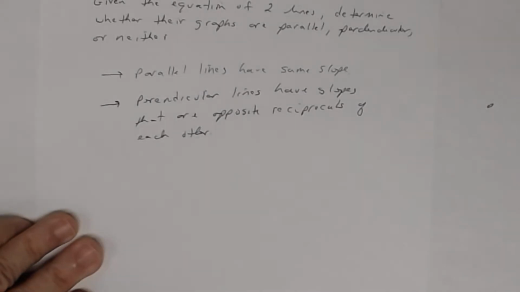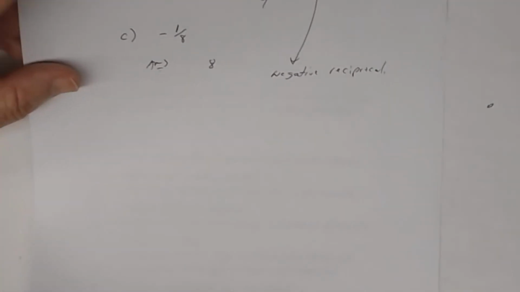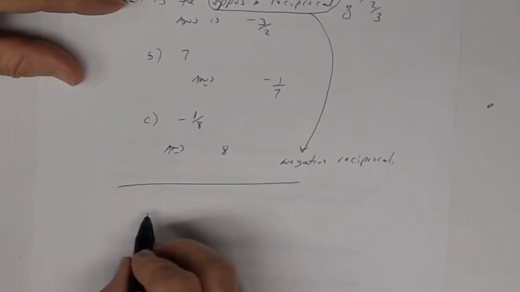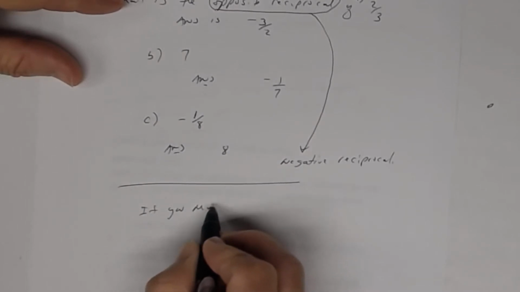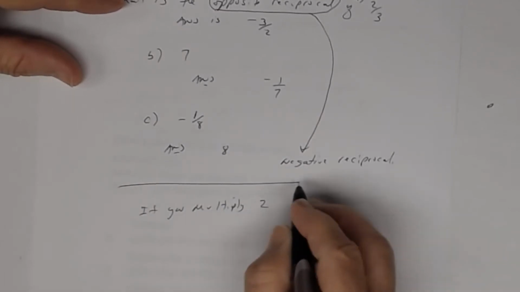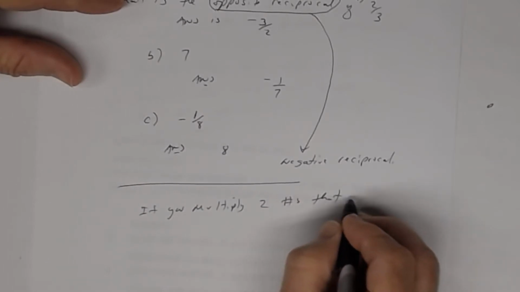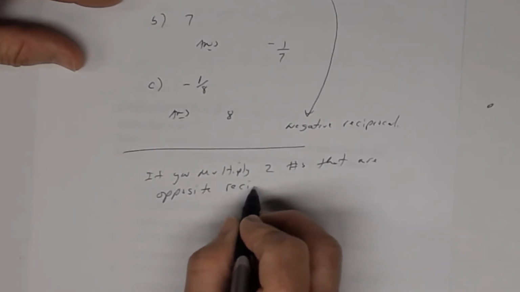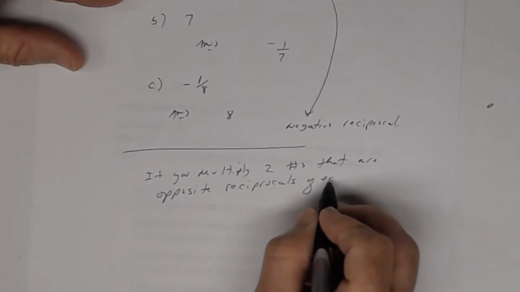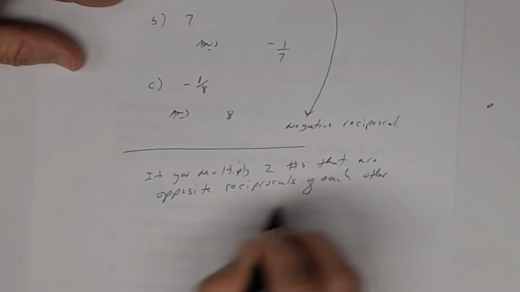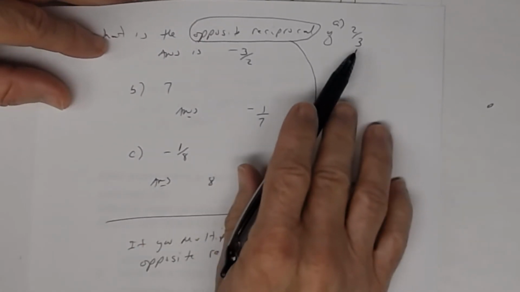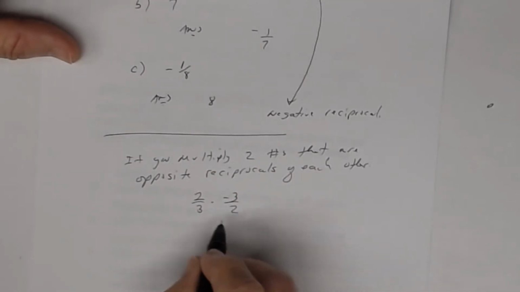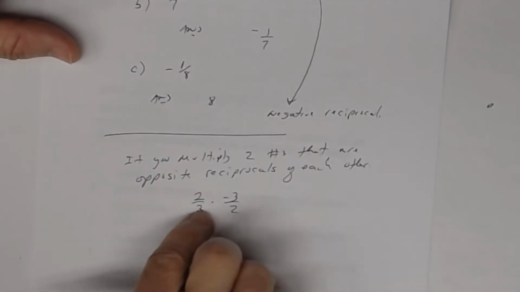Now, some textbooks will also say this, so I'm going to go ahead and say it just in case you see it somewhere else. If you multiply two numbers that are opposite reciprocals of each other, for example, 2/3 and -3/2, 2/3 times -3/2, I'm going to multiply them.